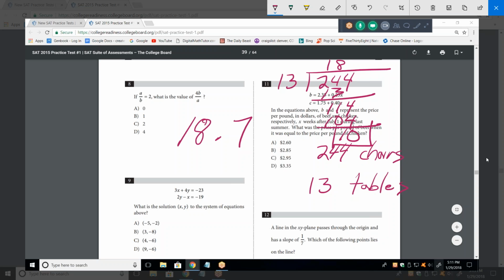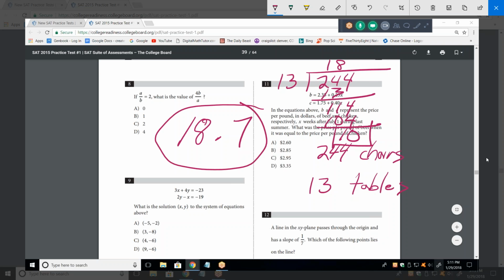There's 10 chairs left over. So if I do this problem manually, it's really easy. It's whatever the remainder is. That's how many chairs are left over after you fill up 13 tables. So you could do part of it using your calculator, but unfortunately your calculator always gives you that 0.7.